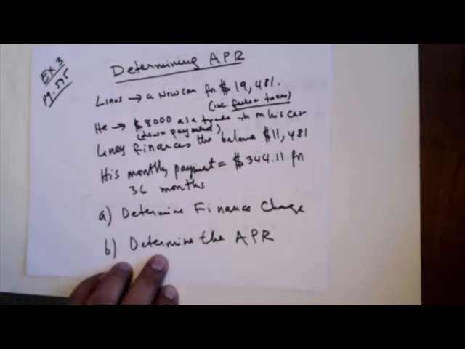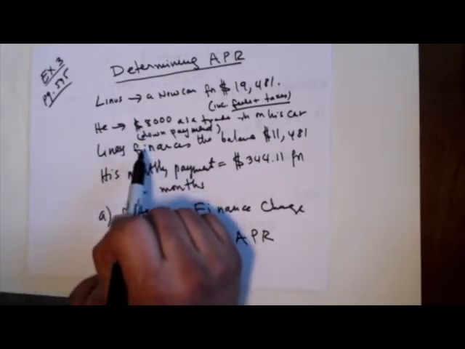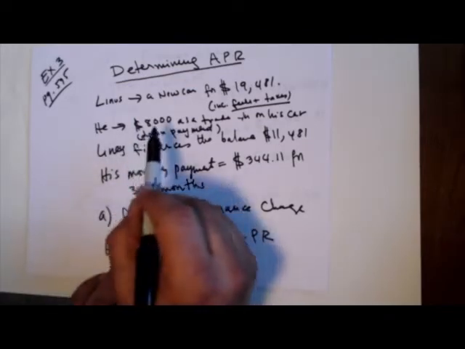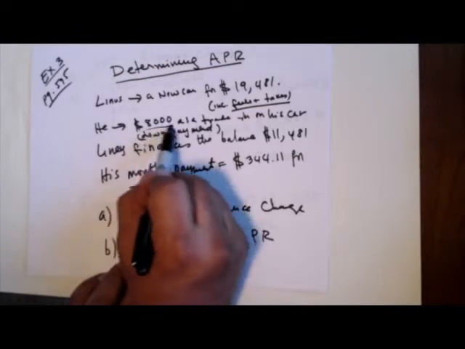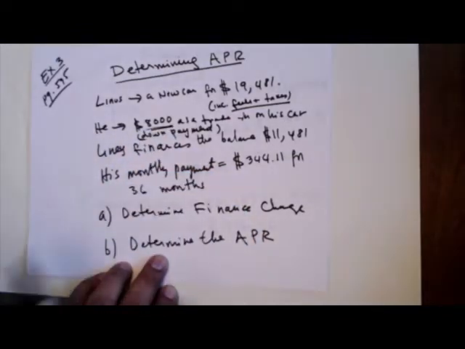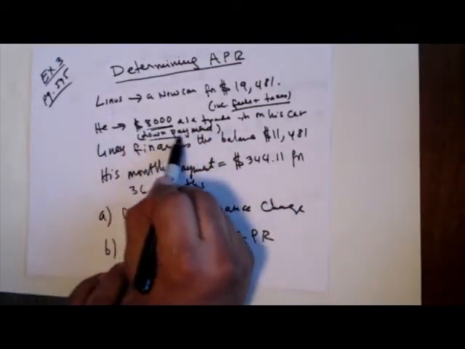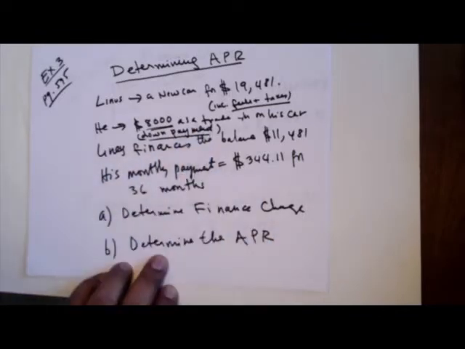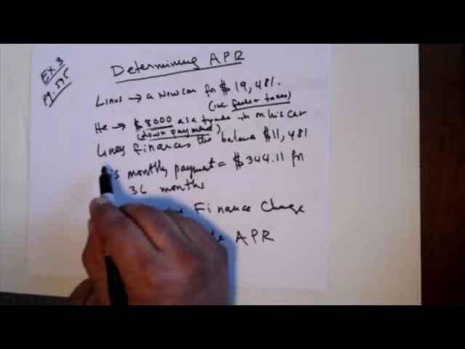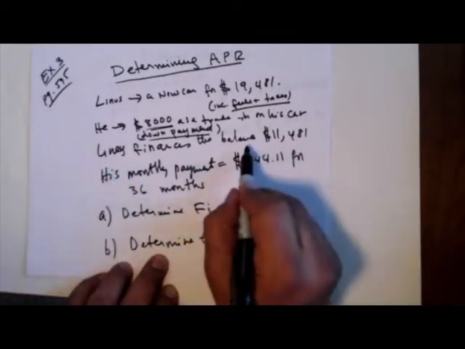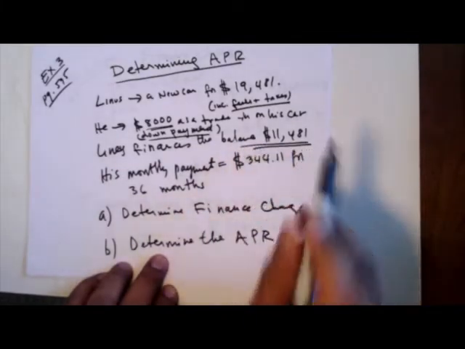He turns in his car as a trade-in, and he gets $8,000 for it, and he will use this as a down payment. So basically, Linus is going to finance this new car with a balance of $11,481.